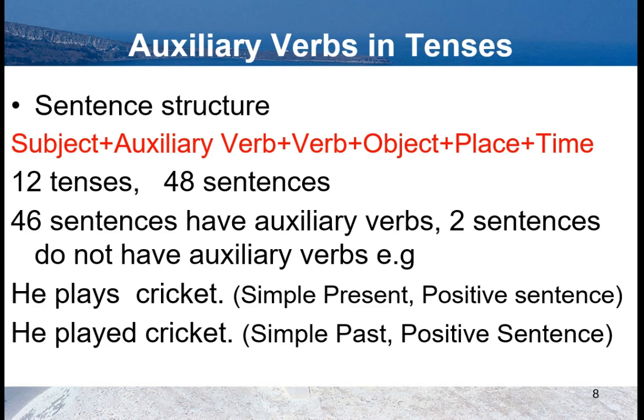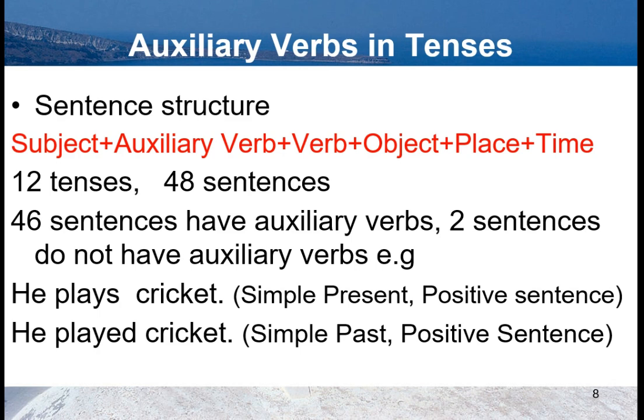Now two issues have been resolved: names of the tenses, and secondly forms of the verb. Third step is auxiliary verb, which is called helping verb in the Pakistani context, but the correct word is auxiliary verb.